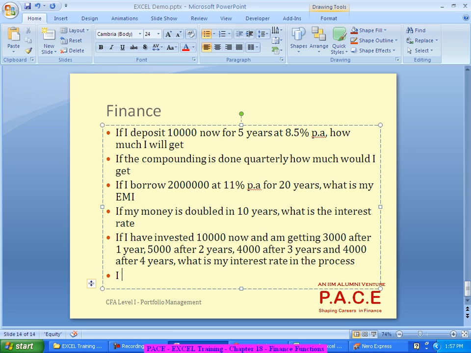And in the same example, if I require a 10% per annum return, is the above investment a profitable one?